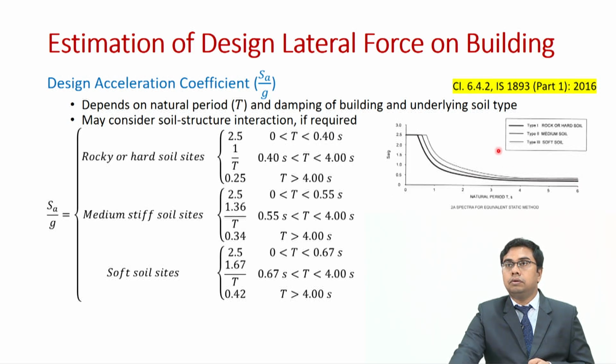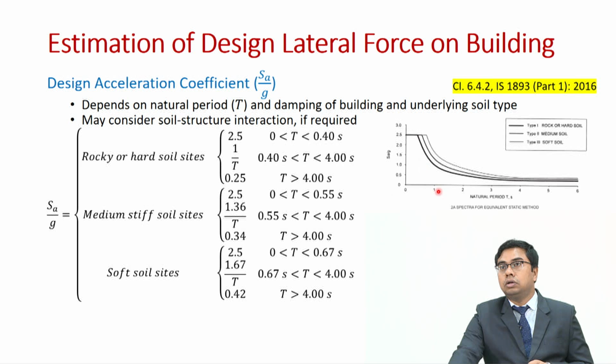Now, at this point you can notice that on the x axis we have the natural period of the building, on y axis we have SA by G. So, with variation in natural period of the building, the value of SA by G also changes. It reduces after a certain limit, and then for variation in damping ratio you will have a different curve altogether.